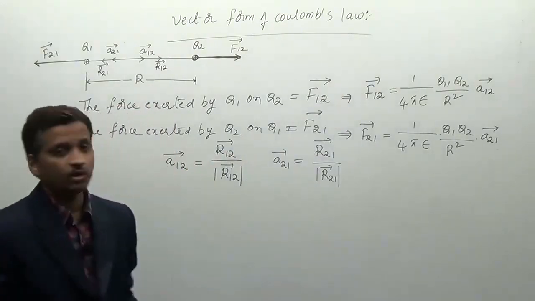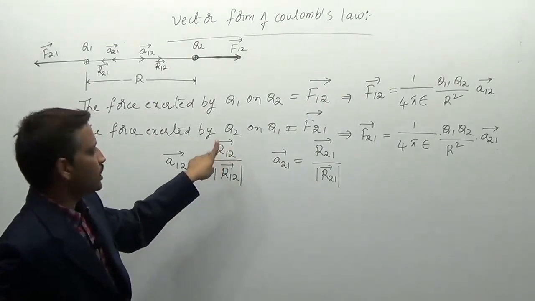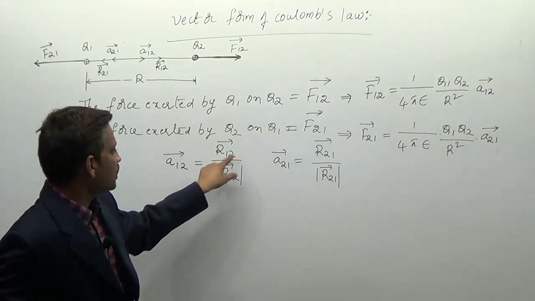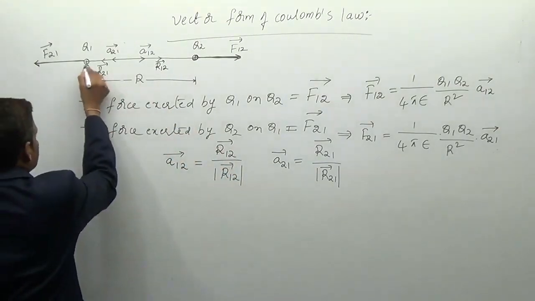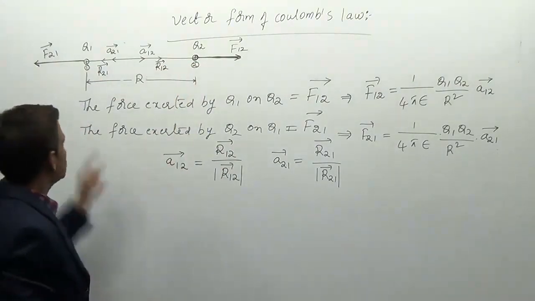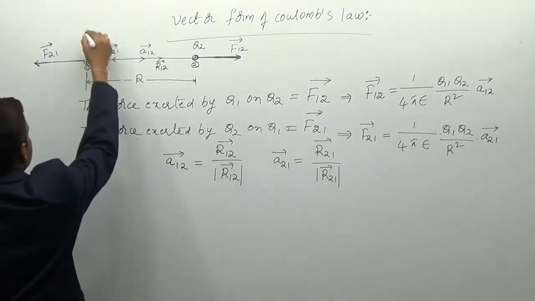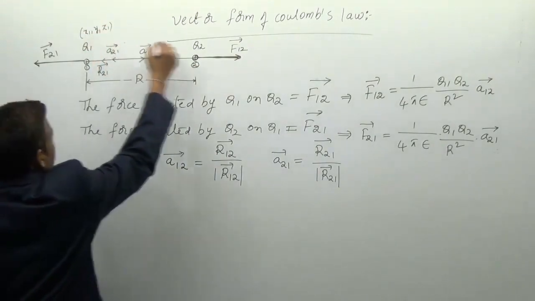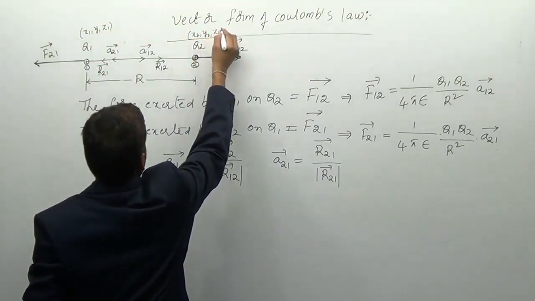But how do we find out R21 here? R21 is a position vector, the vector between 1 and 2. This is the first charge and this is the second charge. Suppose this is at x1, y1, z1, and this is at x2, y2, z2.